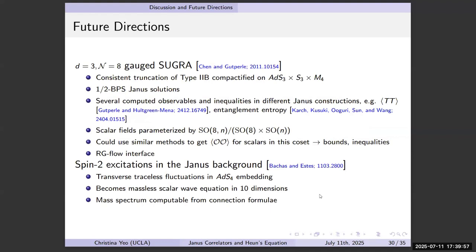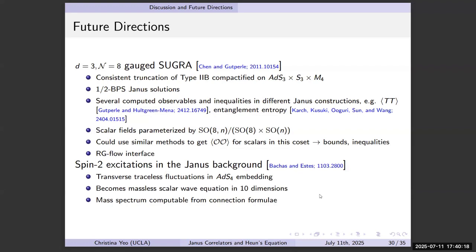So there is a half BPS Janus solution in D equals 3, N equals 8 supergravity. You take a consistent truncation of type 2b, compactify it, and M4 is either T4 or K3. And this specific Janus model has been studied a lot.